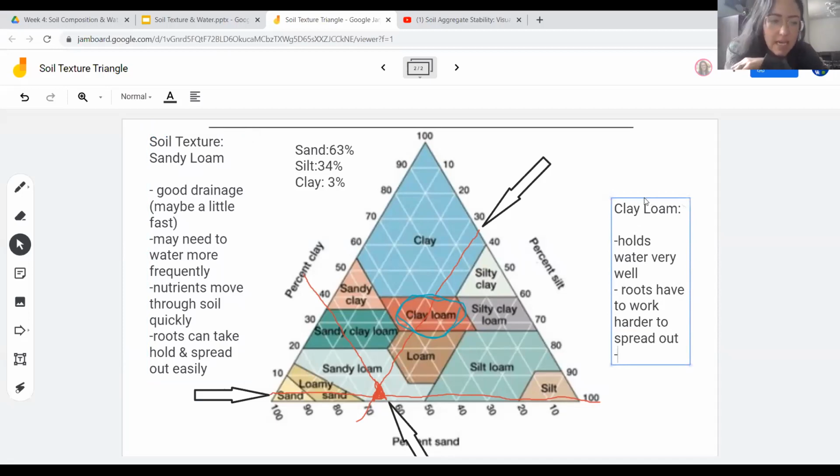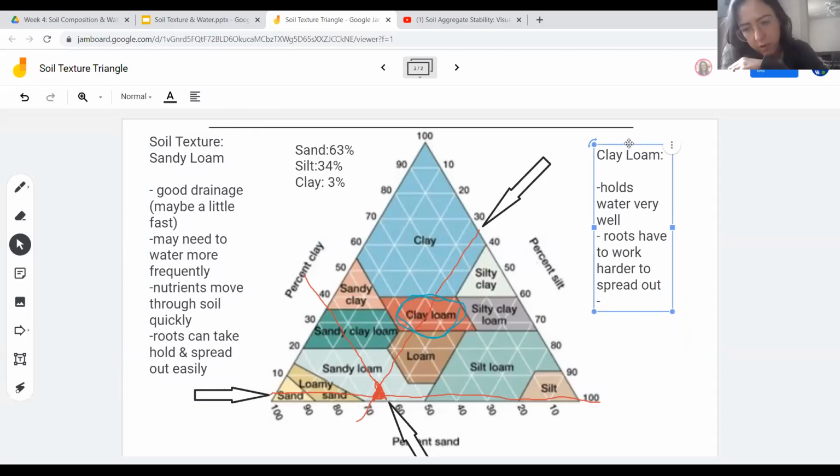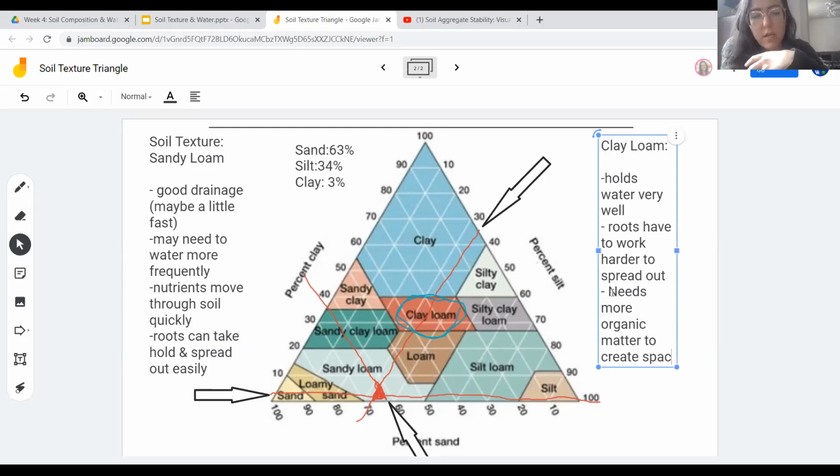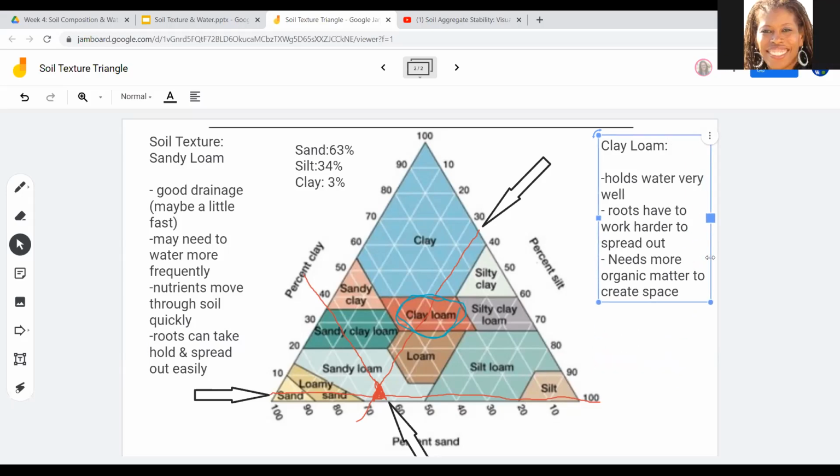But in a clay loam soil, if you wanted to grow carrots, you might need to incorporate a higher level of organic material than you would with a sandy loam, just to have that space for the air and water to move through and those roots to move.